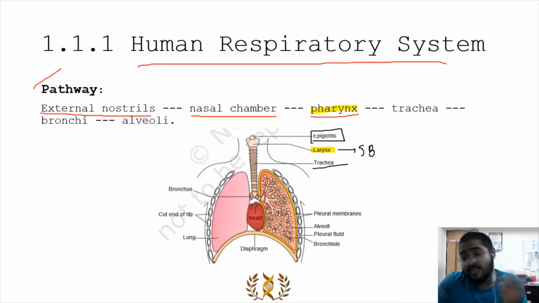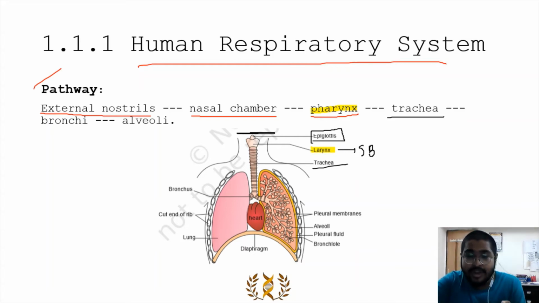That's why they say you should not stuff a lot of food, so that you don't make the job of the epiglottis a lot harder. If food enters the windpipe, it has its consequences. So from the pharynx, it goes to the trachea. Trachea, as we know, is guarded by the epiglottis, and trachea is basically the windpipe.